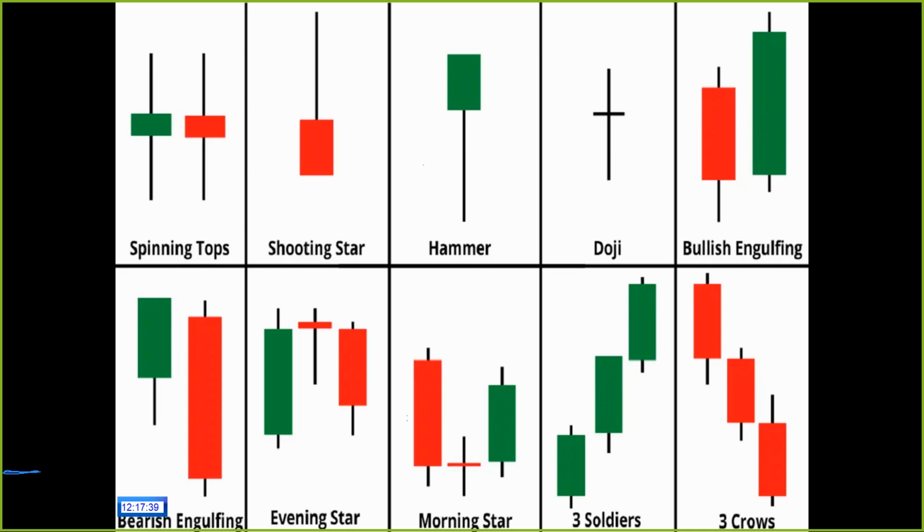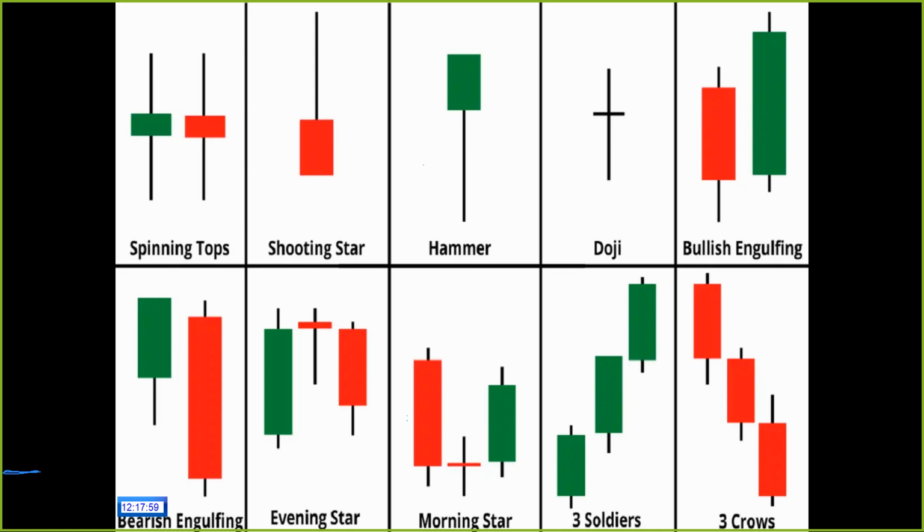And when you're comfortable and confident doing it, trading becomes really simple. That's why I'm taking you through this journey.